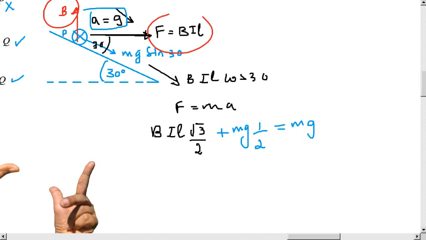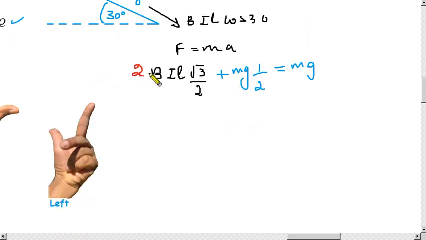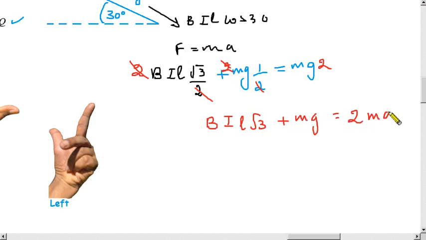Let us simplify. Multiply by 2 because the denominator is 2, then these cancel, remaining BIL root 3 plus mg equals 2 times mg. Then 2 times mg minus mg, then root 3 BIL.